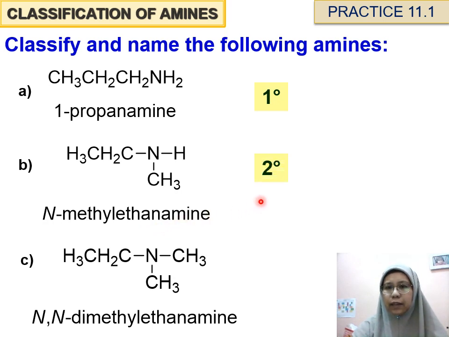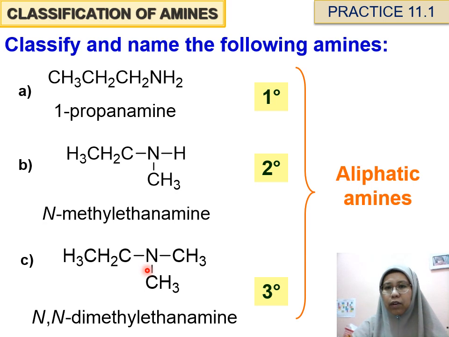This is a secondary amine. C, we have 3 Rs. So this is a tertiary amine. We have 1 methyl, 2 methyl attached to N. So N,N-dimethyl ethanamine. These three are categorized as aliphatic amines.